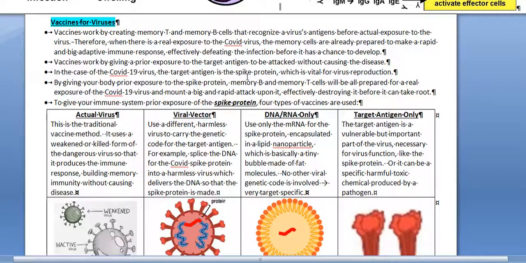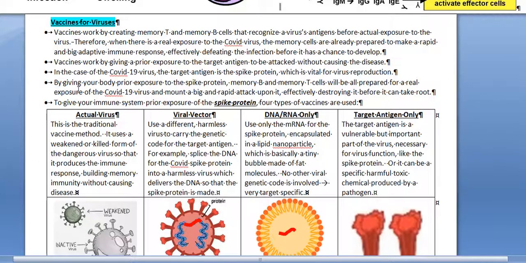Remember, to reproduce, viruses must bind to a human cell, be pulled inside, and then hijack the manufacturing machinery of your cell so that your cell makes more viruses. Now, if the spike protein isn't working, it can never attach to the cell, and if it can never attach to the cell, it can never get inside. So that's why it's a good target.